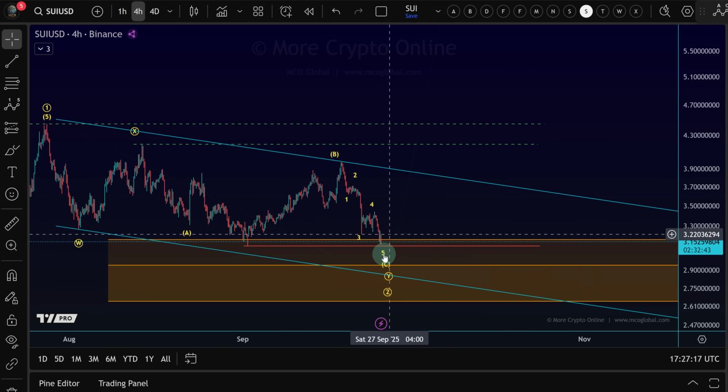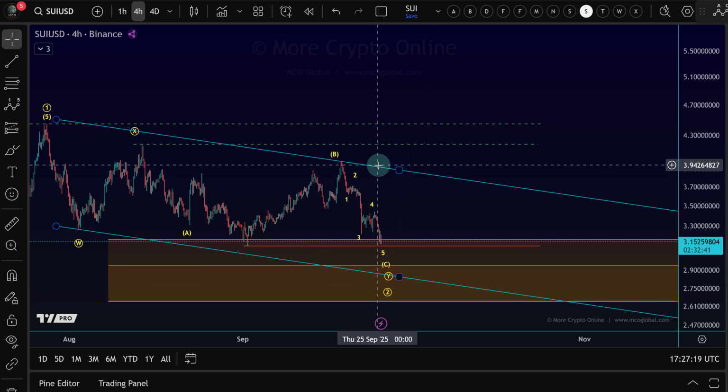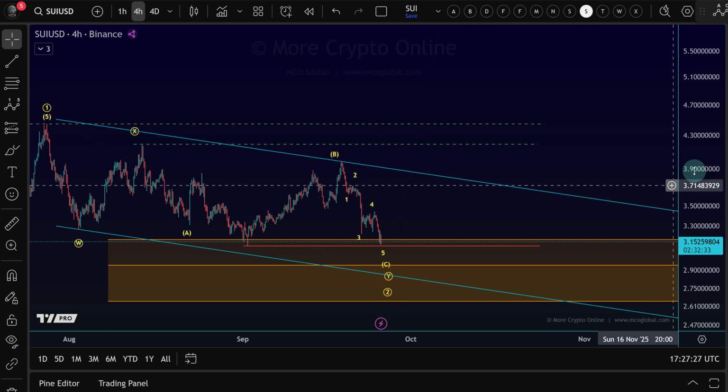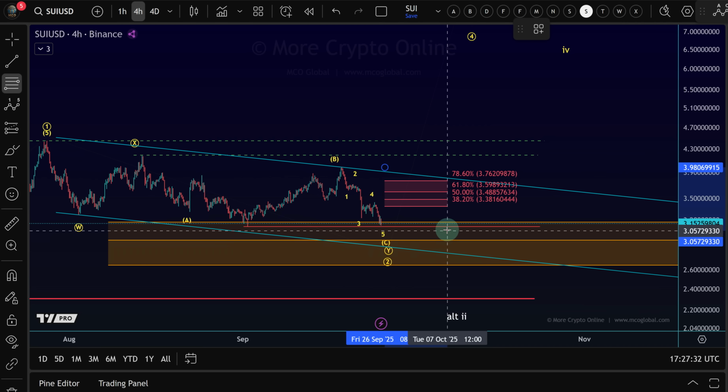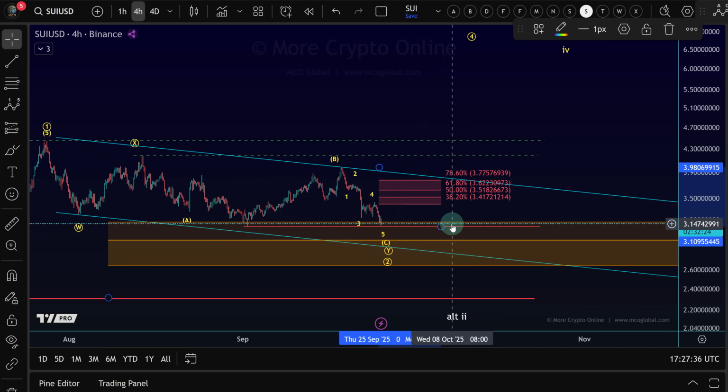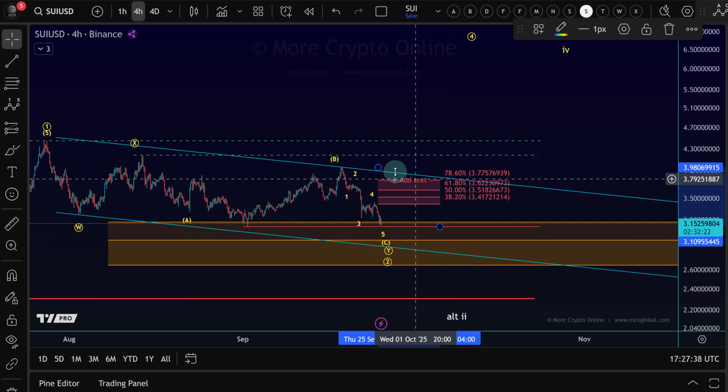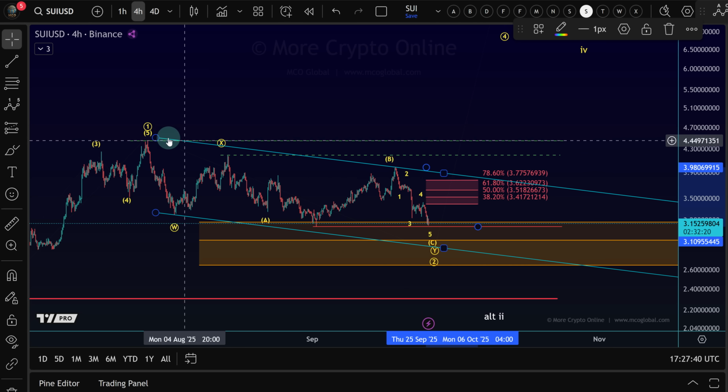So this would be our resistance area up here. It's currently, I mean, it's not a zone, a line is coming in at around 3.91, 3.92. But obviously it's a dynamic resistance level. If you want a Fibonacci resistance area, I mean, it kind of is a little below the line. I would really want to see a break above the line, because that's kind of a range here, right?